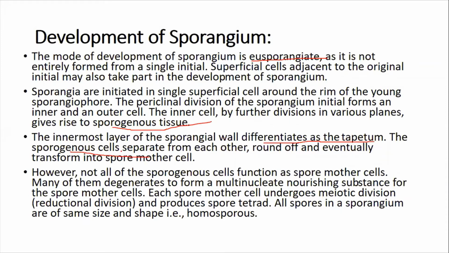Now, one of these sporogenous cells is transformed into the spore mother cell, which develops into the spore. The spore mother cell undergoes reduction division, and each spore mother cell produces a spore tetrad of 4 spores, by meiotic division.